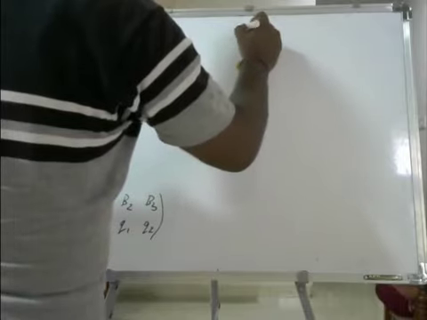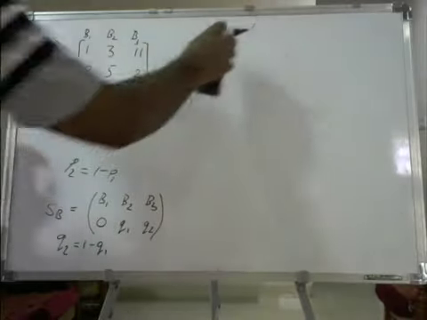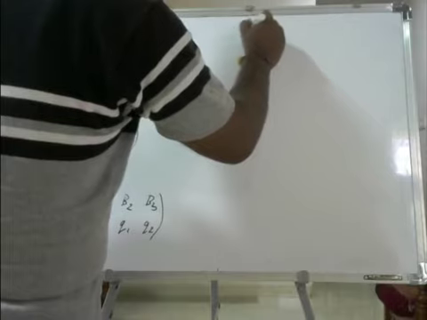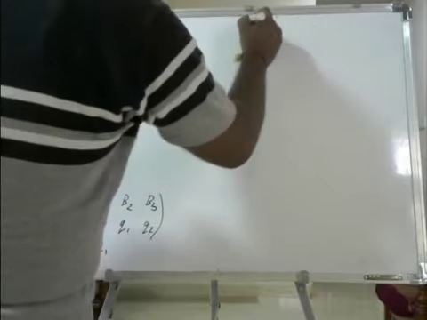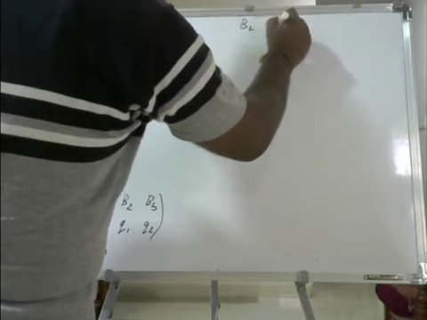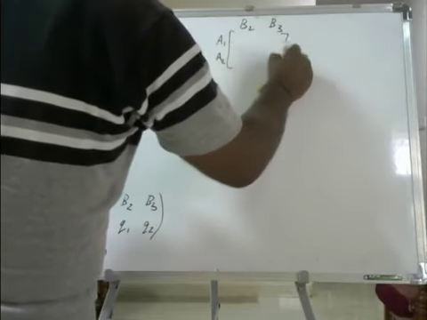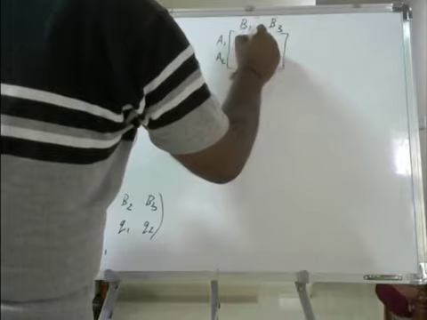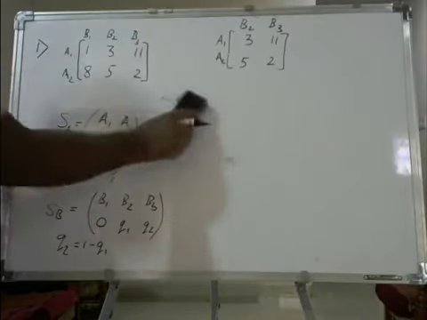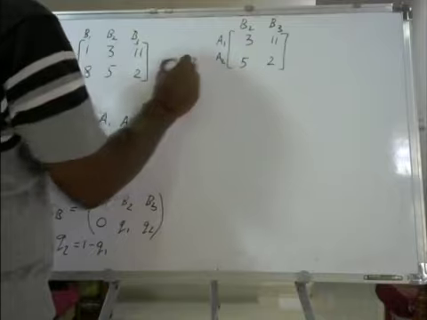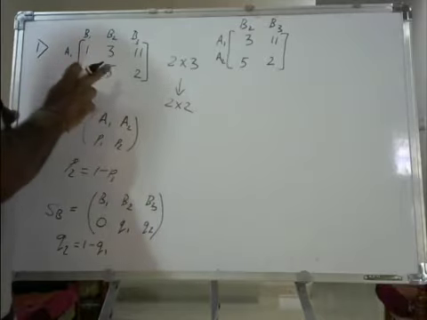The main objective was to reduce from a 2 by 3 to a 2 by 2 matrix.